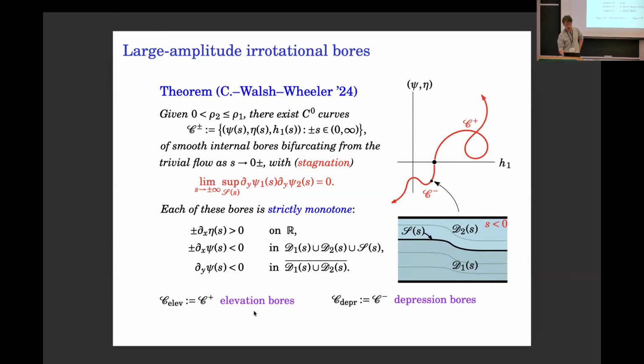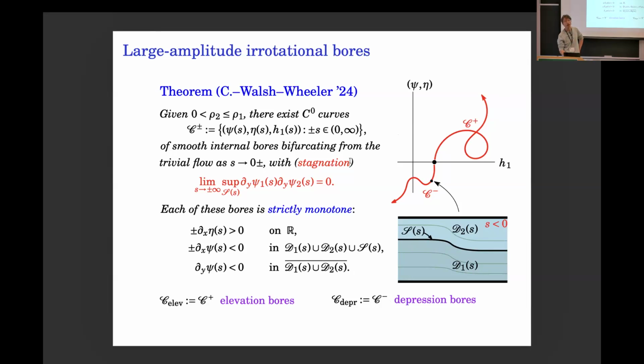The plus means it's an elevation solution, and the minus means it's a depression. In this typical solution, the streamlines curve along this depression branch, so everything is going down, and this is when everything is increasing.